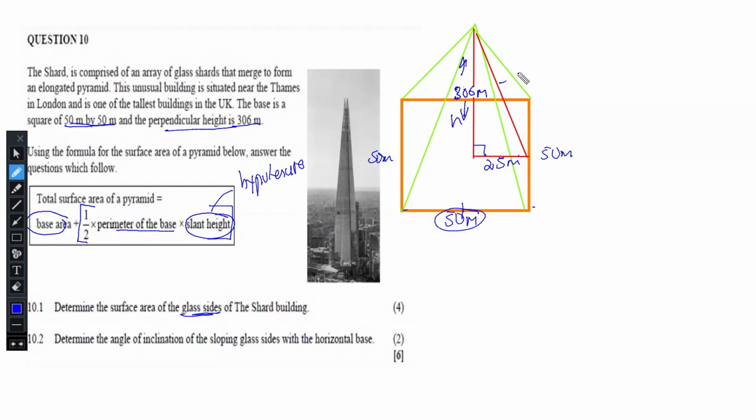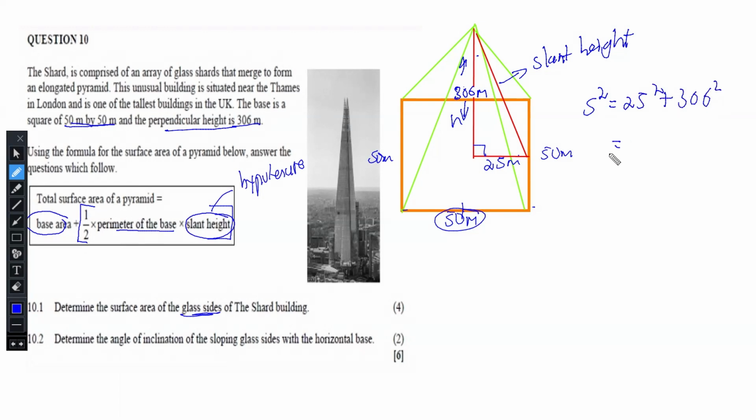Now, the slant height is the hypotenuse. This is the slant height, and this is what we are looking for. To calculate the slant height, we always use Pythagoras theorem. So it will say s squared is equal to 25 squared plus 306 squared.